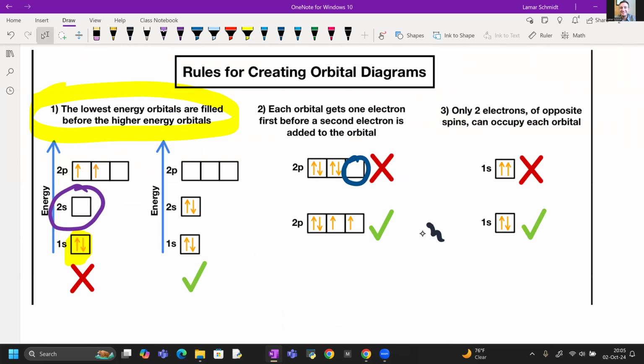Whereas in the good one, we see up, up, up, and now it's forced to pair down. So it's very obvious with certain configurations whether you drew it properly. It's less obvious with others, but if you just draw it properly, you won't have any problems getting things correct. So that's an example of Hund's rule, an anti-example that's bad, and also one that's good.